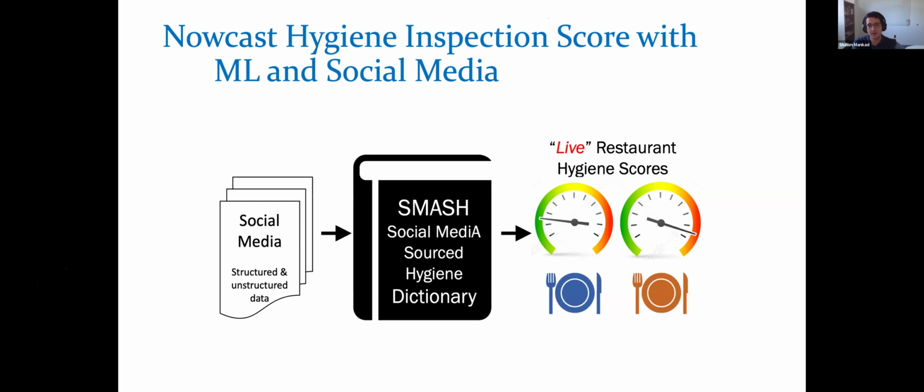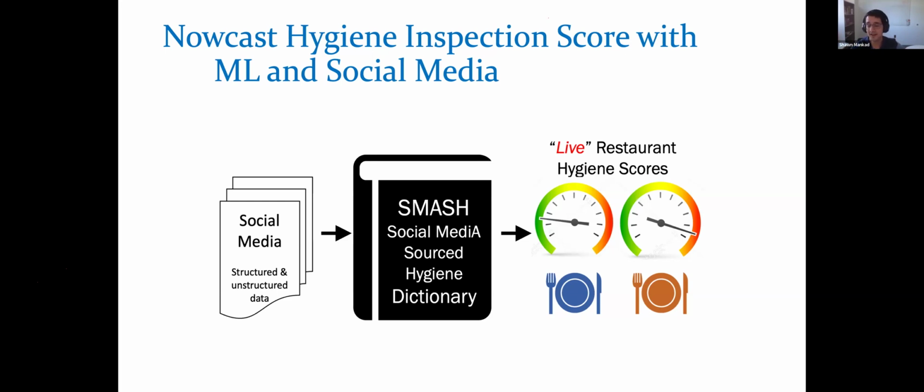The innovation is just showing that you can tune them specifically to pick up hygiene related content. And from that, form a live real-time or nowcasted score, if you will, of what the hygiene score would be if the restaurant were inspected today, as opposed to 9 months later, or whenever the next inspection would be. So that's the quick overview of this paper.